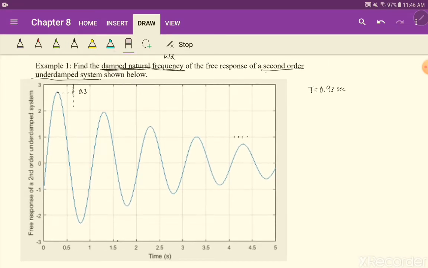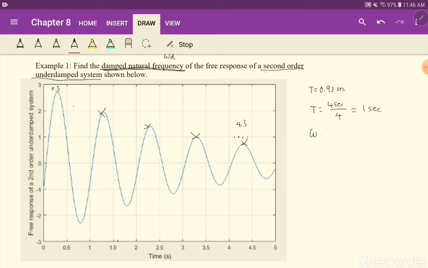So this is about 0.3, and what did we say this was? 4.3. So the period is the gap between 0.3 and 4.3, 4 seconds, divided by how many cycles? 1, 2, 3, the fourth one. So it's 1 second.